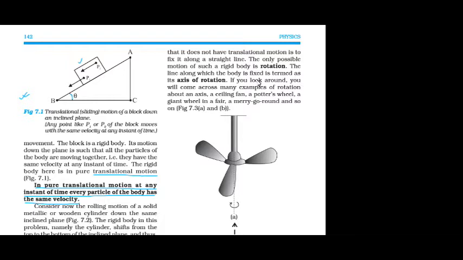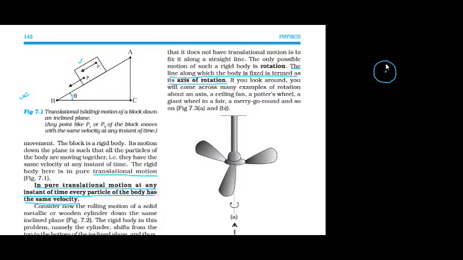So this is a conceptual line. What is the axis of rotation? Take an example. Say you have a circular plate, and you have fixed this circular plate on a wall by a nail.